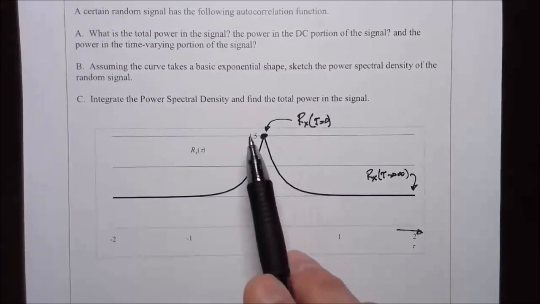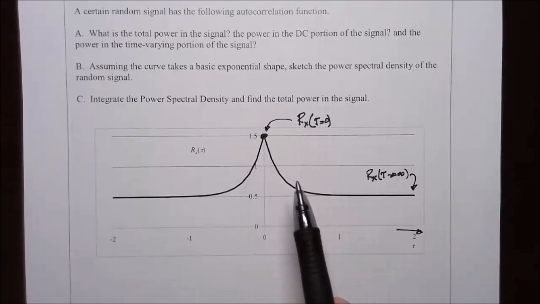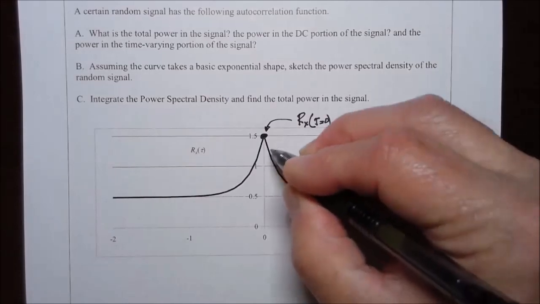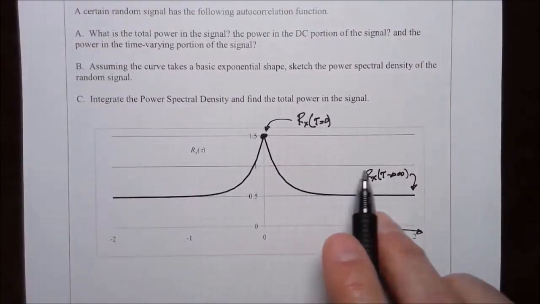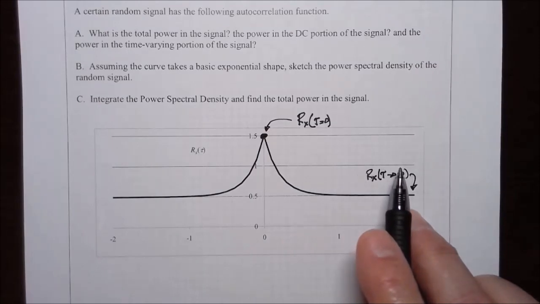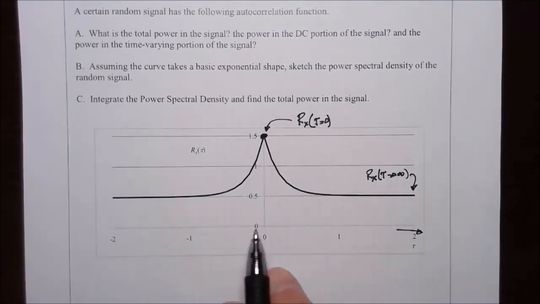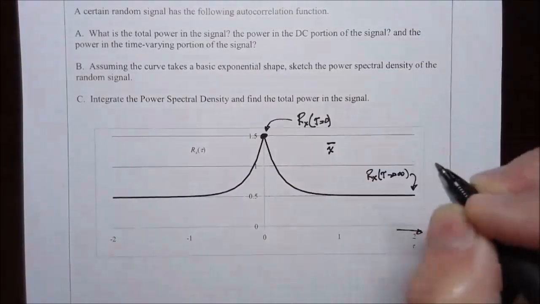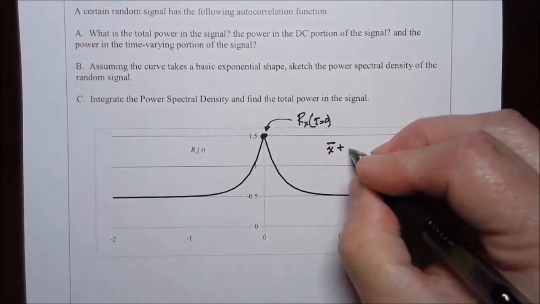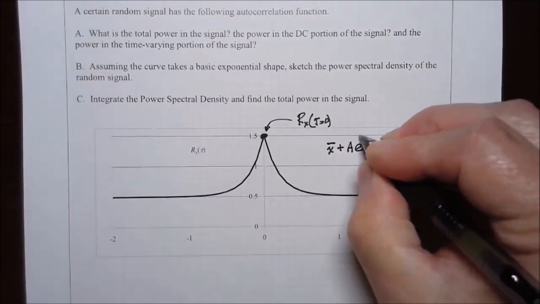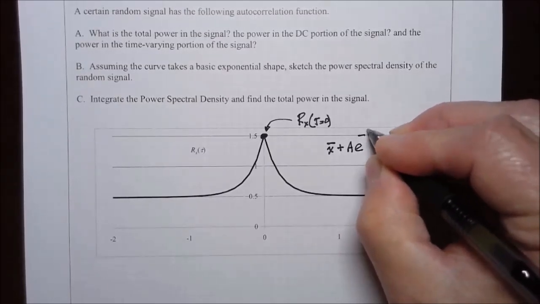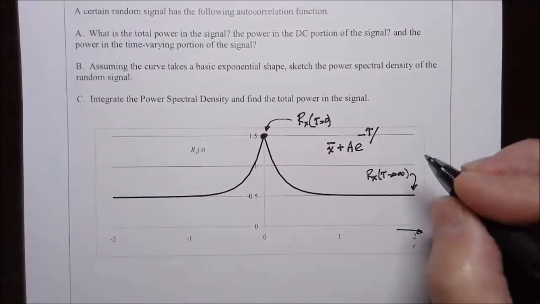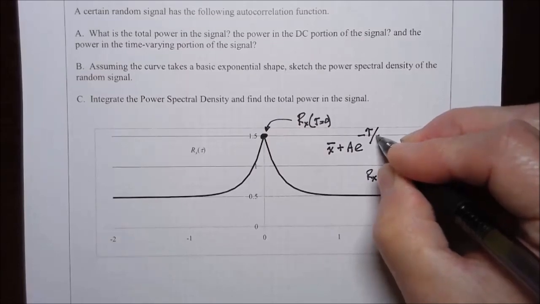So let's say this curve takes a basic exponential shape. If you were to write a function for just the part of the curve to the right of tau equals 0, it's got the mean value plus some kind of constant times e to the minus tau, since we're a function of tau, divided by some kind of time constant tau naught.